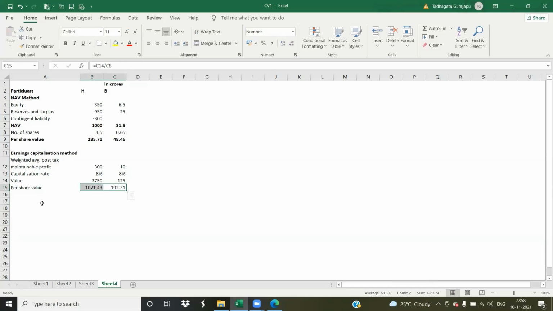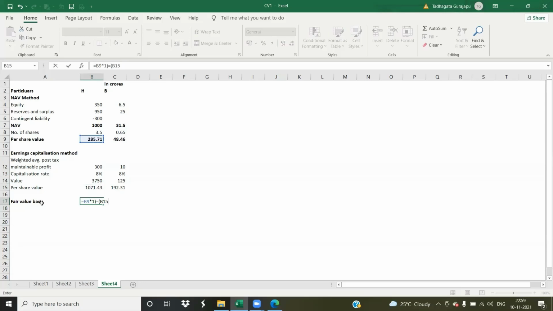Right? Now, on fair value basis. What are the weights? NAV value into 1 plus per share value into 3, sorry, by 4.